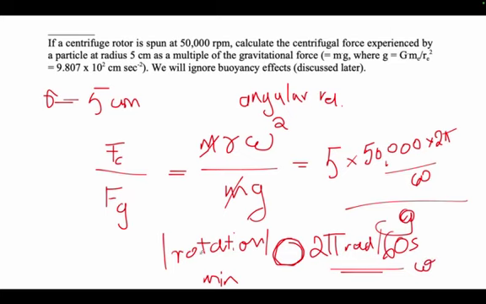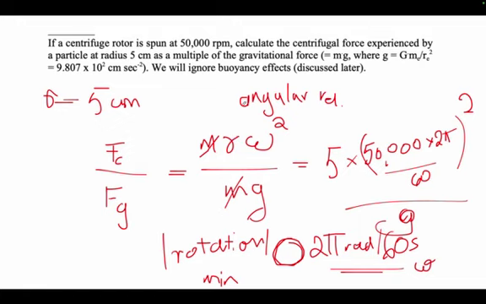So to convert RPM into angular velocity, basically we have to multiply by this factor, 2 pi divided by 60. Okay? And so now we're just substituting the value. Okay, so m is getting cut in numerator and denominator.